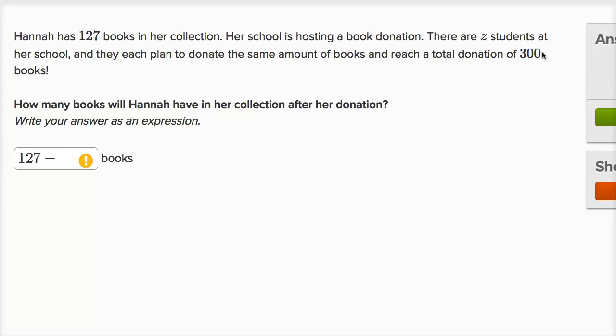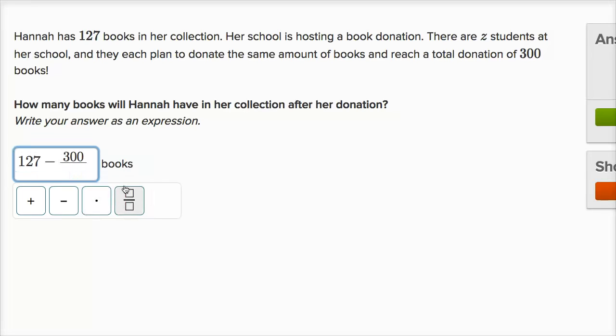Well, if Z students together are donating 300, each student is going to donate 300 divided by Z. And so Hannah starts with 127 books. She's going to donate her share of books to the school, and each student is going to donate 300 divided by Z books. So Hannah is going to be left with 127 minus 300 over Z books after her donation.